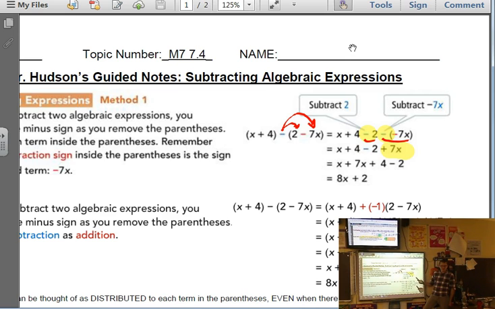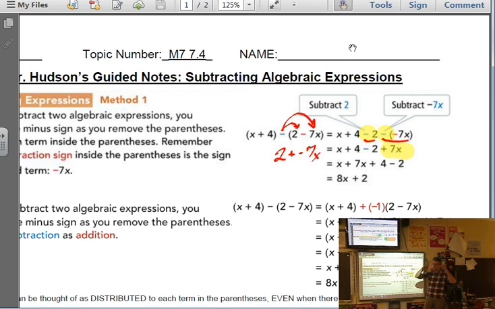But that's weird to think about because you can't subtract a negative. It really adds then. Wait, doesn't it start as a positive? No, this starts as either a -7 in the parentheses, or if you think of it as 2 plus -7x.